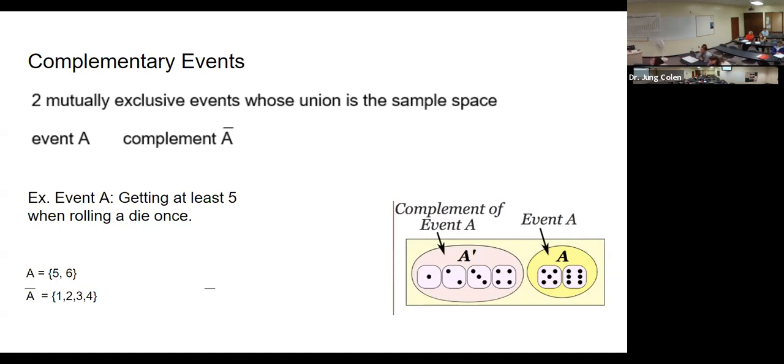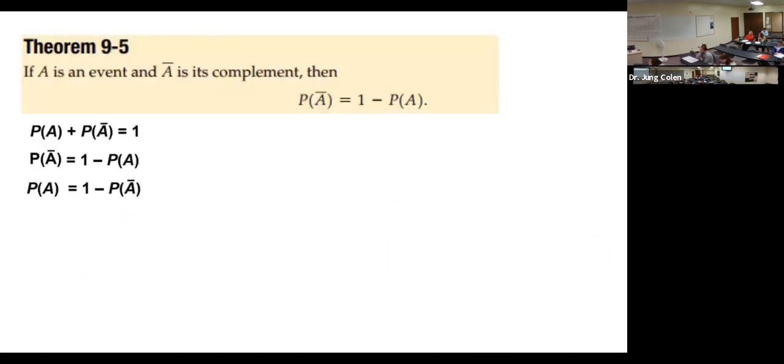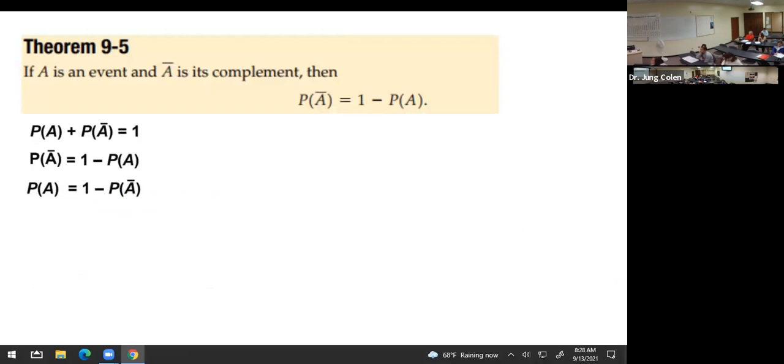What's the complement of A's probability? 4 over 6. Yeah. If you simplify it, it's going to be 1/3, and the other part should be 2/3. Okay, so together you always need to get 1. Okay. Right. So here are some relationships between the probability of an event and the complement of that.